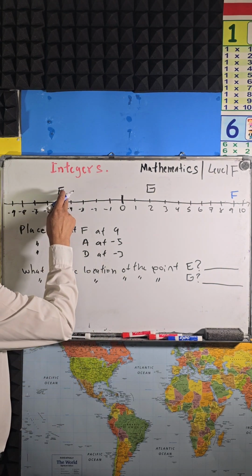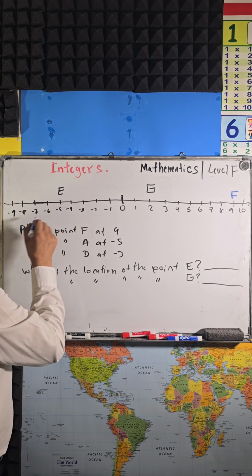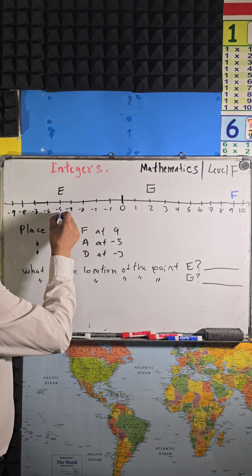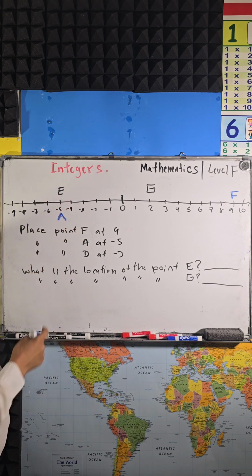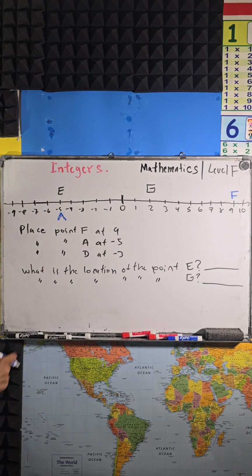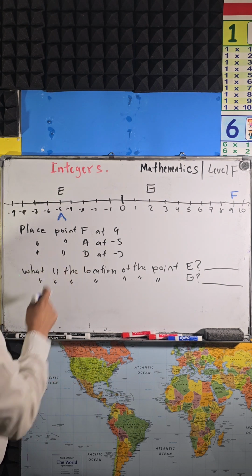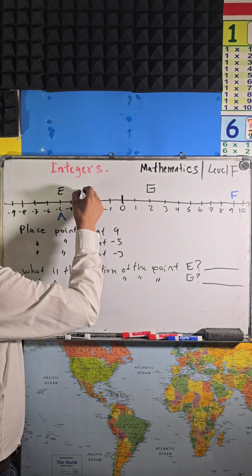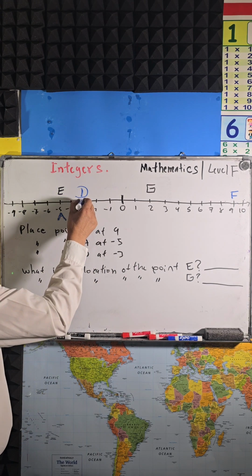Right here. -5. It's point A. Oh, it's the same as point E, right? And then place point D at -3. Right here. D. Okay. -3 is right here.